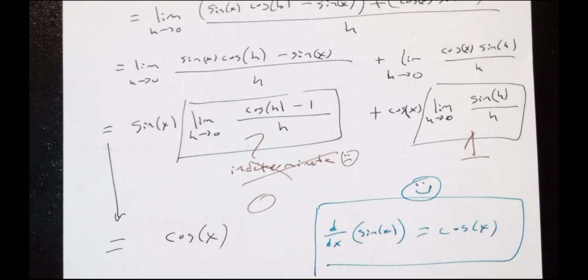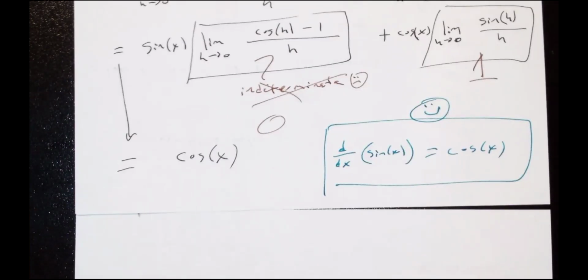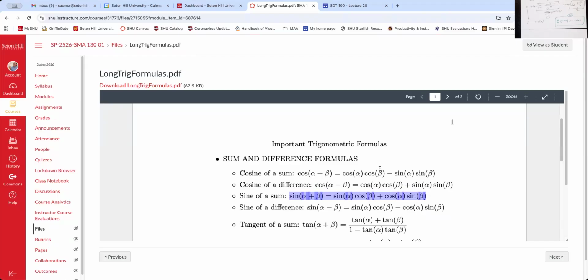If I want to, I can go through this exact same process again, because you'll notice in this file that we were just looking at, the one we were looking at was sine of a sum, right? But the top line there is cosine of a sum. So if I were going to do cosine of x plus h, I'd use this formula instead, right?